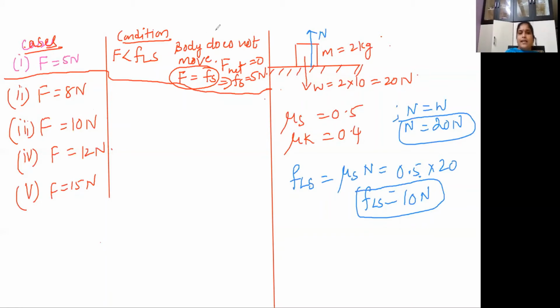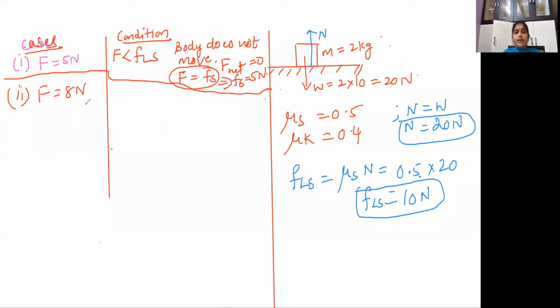Now let us take the situation of 8 Newtons, one by one. Here we are considering frictional force. The applied force is 8 Newtons. Still the force applied is less than limiting static friction, so the body does not move. So the applied force is equal to static friction, and the static frictional force is equal to 8 Newton.